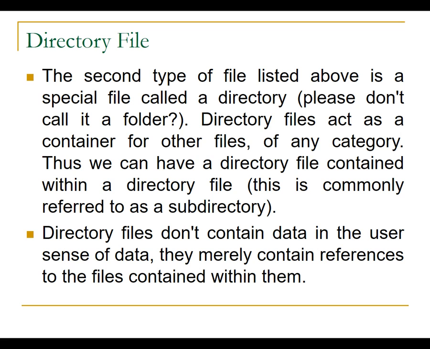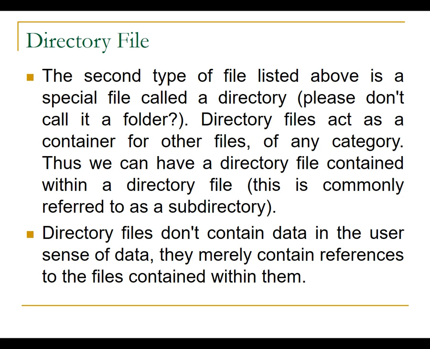The next is something a bit more important than the ordinary file. No doubt, the ordinary file is also important as it holds the user's information, but this is more important than the ordinary file, and it is called the directory file. First of all, it is related to the operating system and its internal working in Linux. So the second type of file listed over here is the directory file.